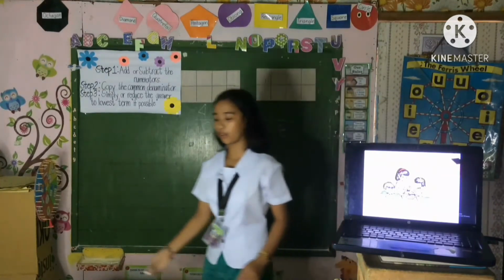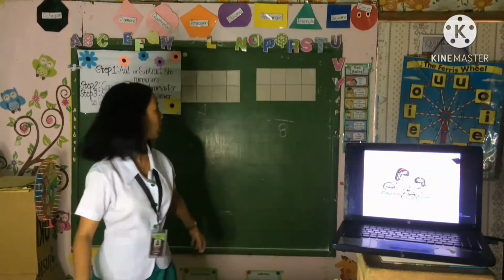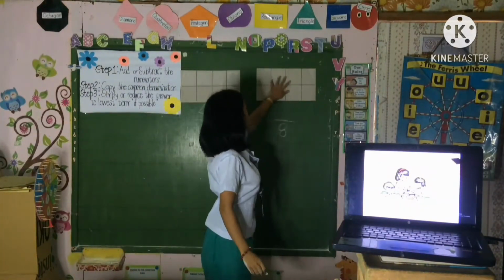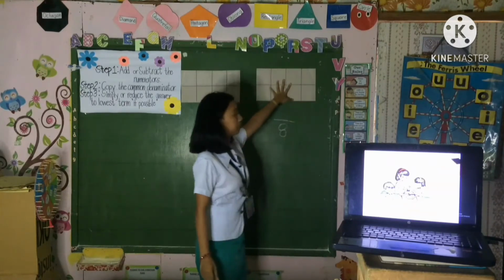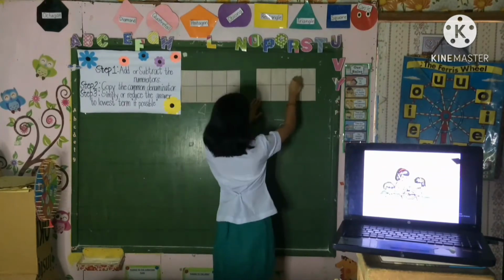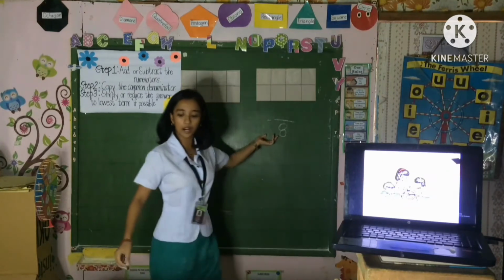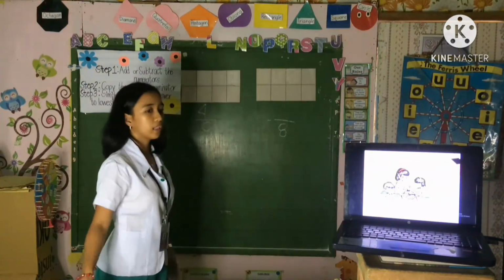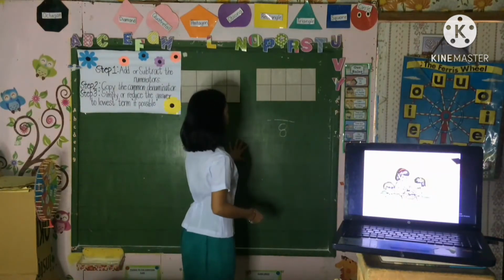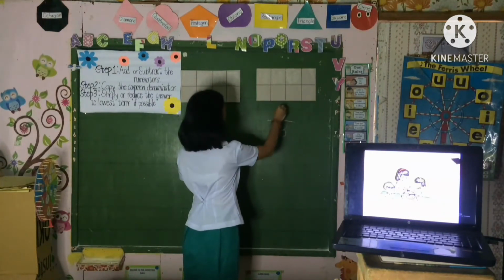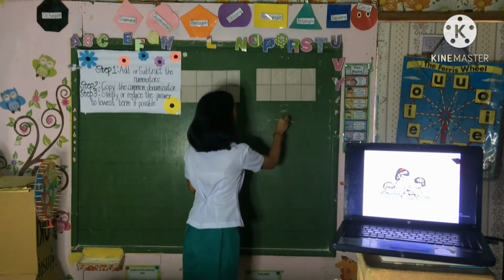Now, anyone from the class, shade 3 parts of this rectangle. So what is our numerator when you shade the 3 parts of this rectangle? It is 3. Okay, very good. So the operation that we use is addition.